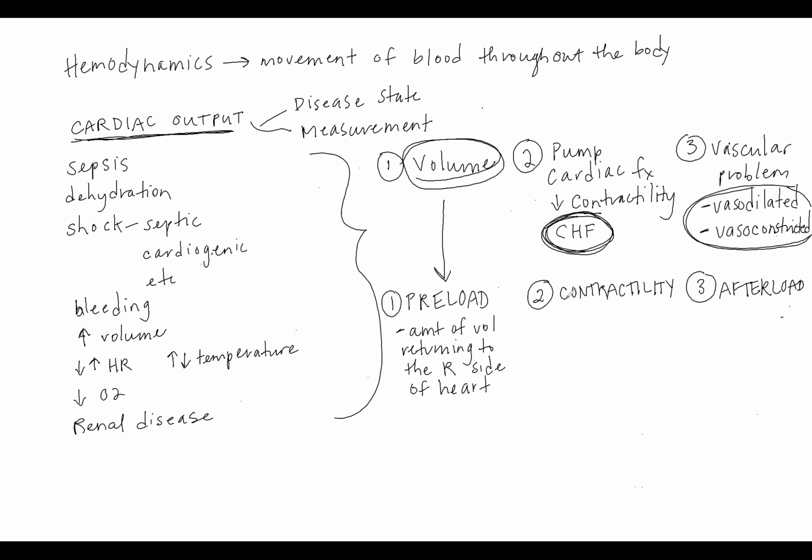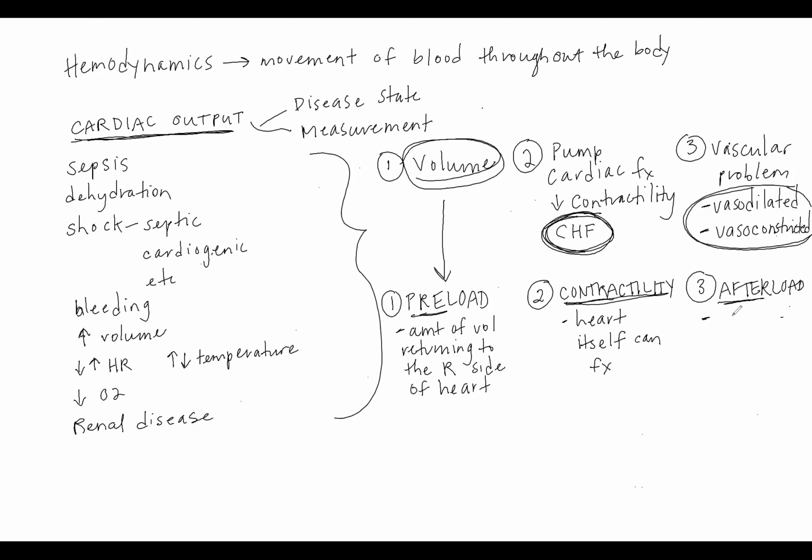When I look at contractility, this is really looking at the heart itself, and looking at how well the heart itself can function. And then thirdly, a look at afterload. So preload being before the heart, contractility being at the heart level, and afterload being after the heart.